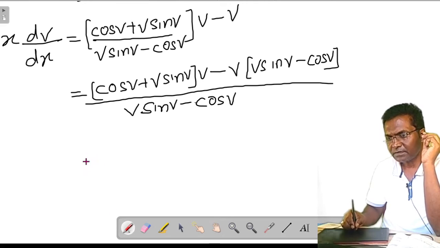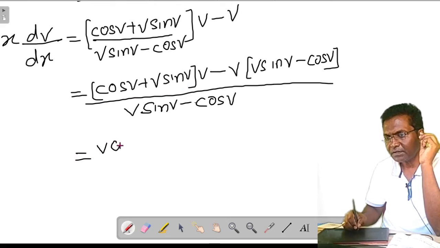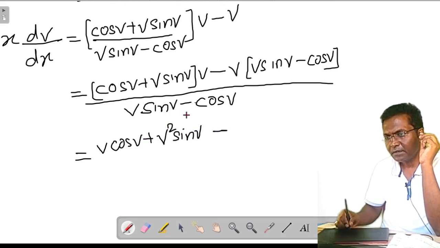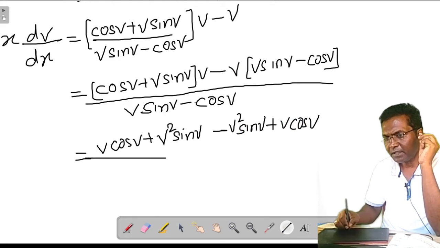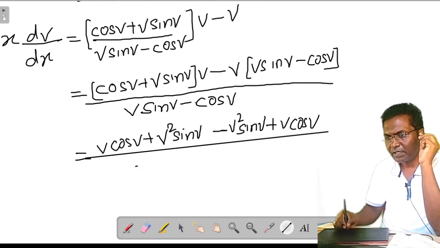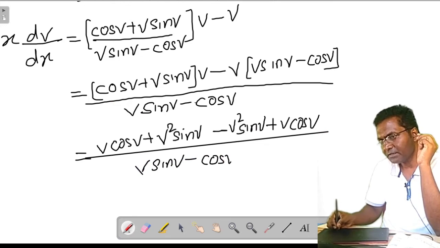Okay, simplify this. v cos v plus v square sin v, this into this. Next, minus v square sin v, and this into this, minus of minus plus v cos v, all divided by v sin v minus cos v.